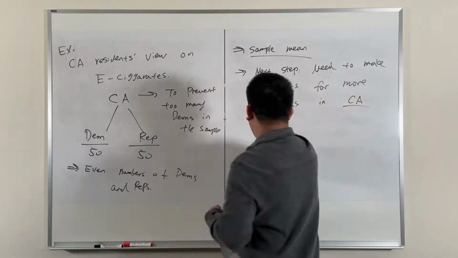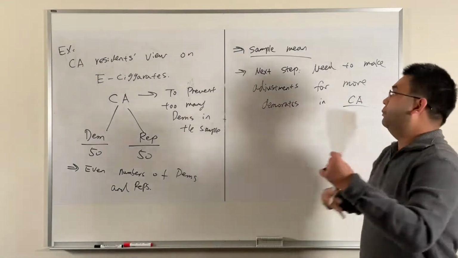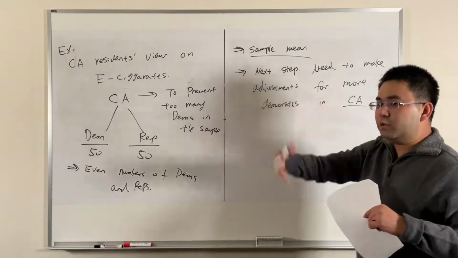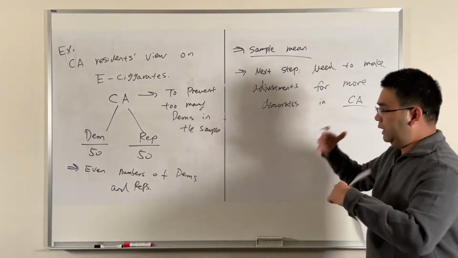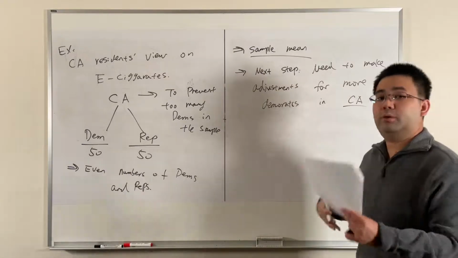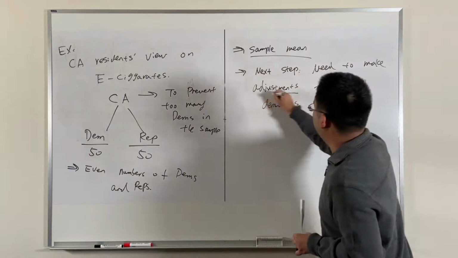The way we do this is by putting more weight on the Democrats' sample mean, because we have more Democrats in our population. We need to make adjustments. This part is important.